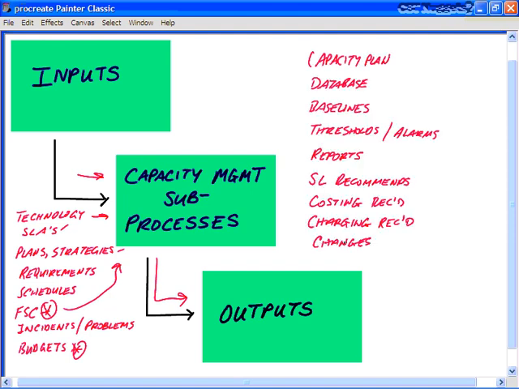Other things that are going to come out of this capacity management process are going to be databases, a capacity database or entries in the change management database, data to be used in baselines and thresholds, how we're going to set our alarms for performance monitoring, various reports, capacity reports, change reports, audit reports, recommendations for service levels, also recommendations for costing and recommendations for charging to users and customers and vendors, proactive modifications and changes, improvements to the services that we provide, as well as a wide variety of different types of documentation.